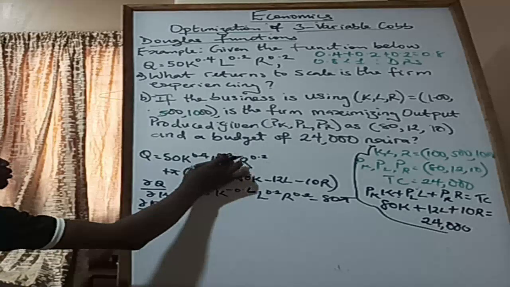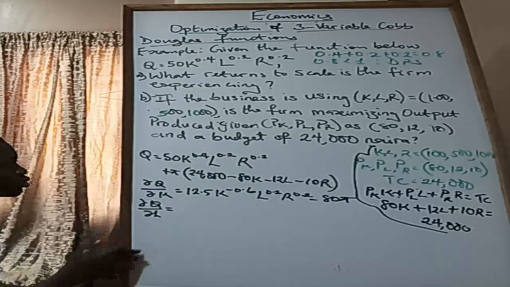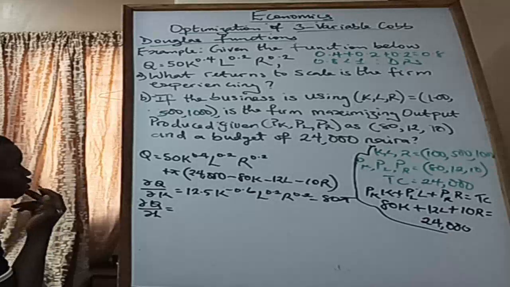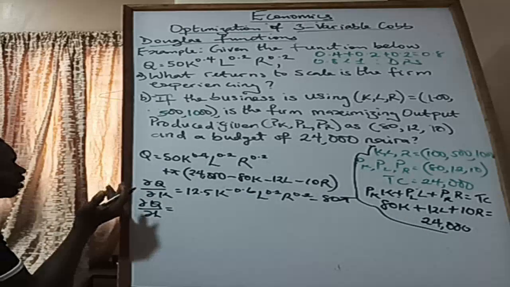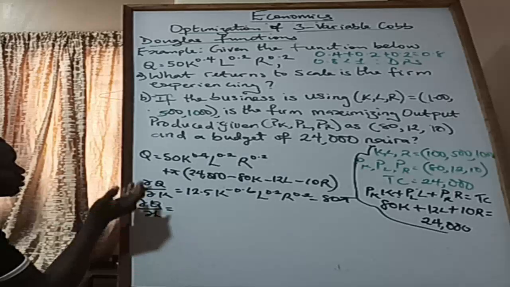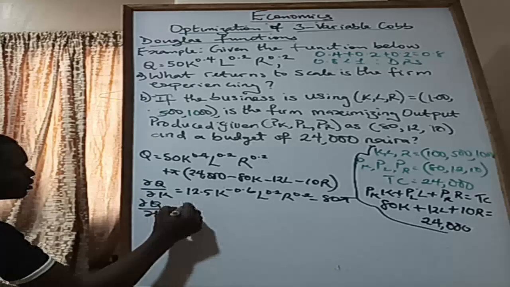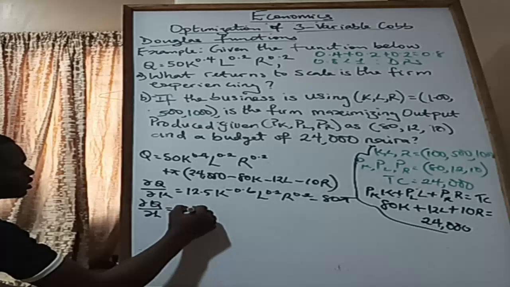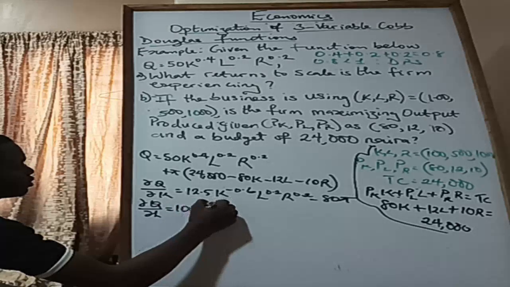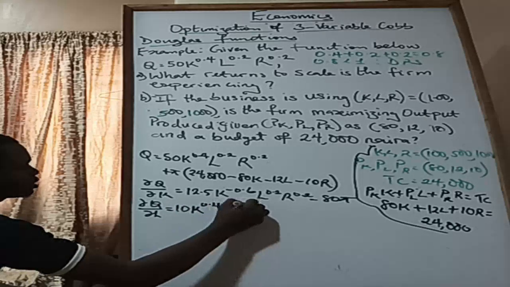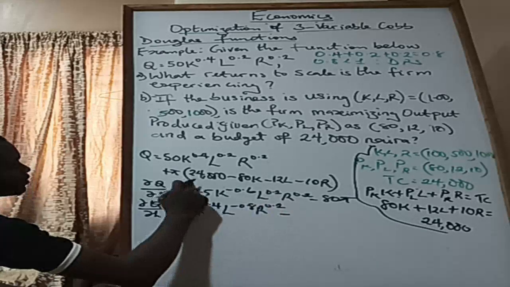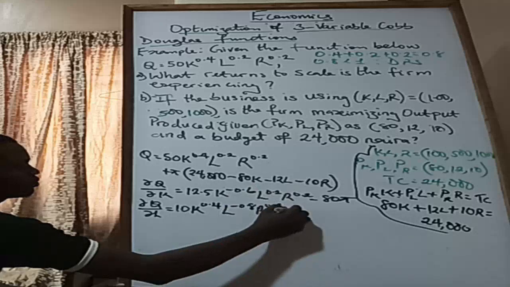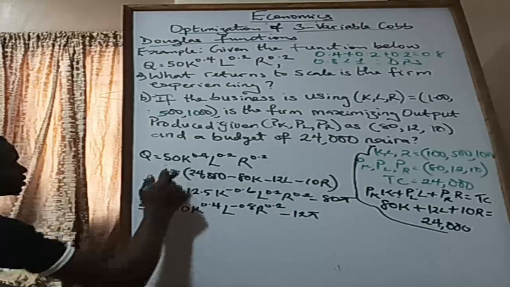So 0.2 multiplied by 50, that's 2 over 10. Yeah, 0.2 is 2 over 10. So 2 over 10 times 50, that's 1 over 5 of 50, which is 10. So we're having 10 K raised to the power 0.4, L raised to the power minus 0.8, R raised to the power 0.2, and minus, when you differentiate with respect to L here, minus 12 lambda.